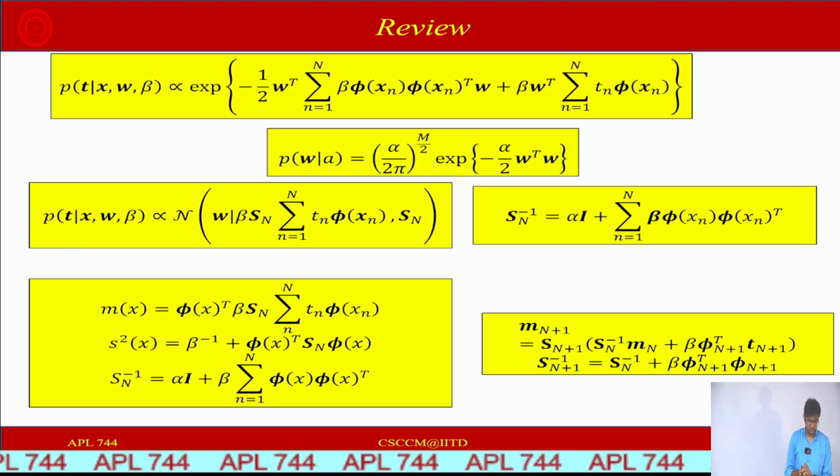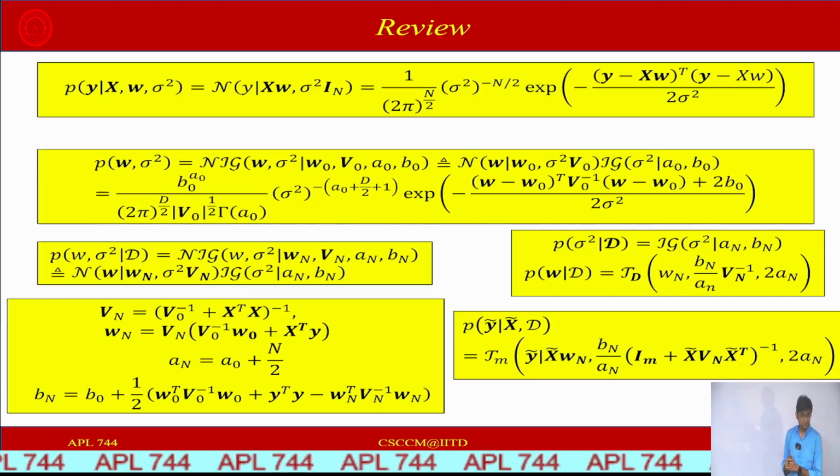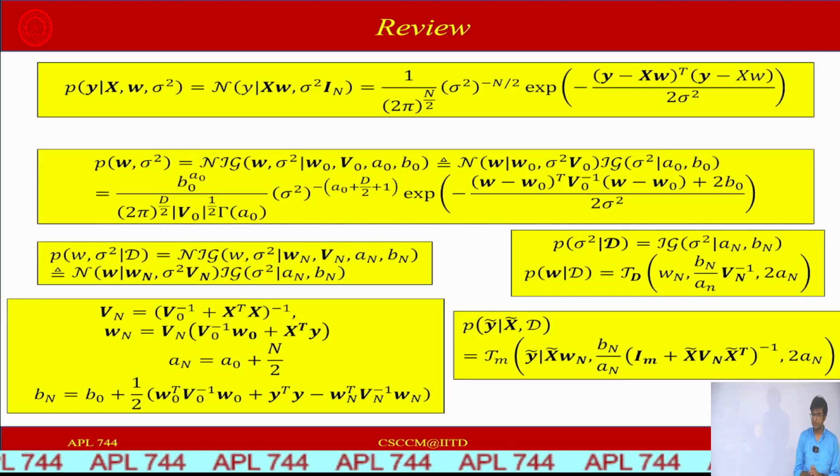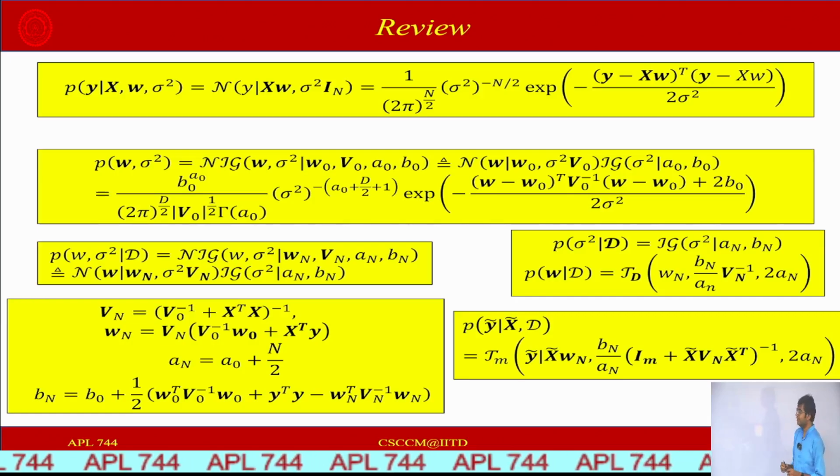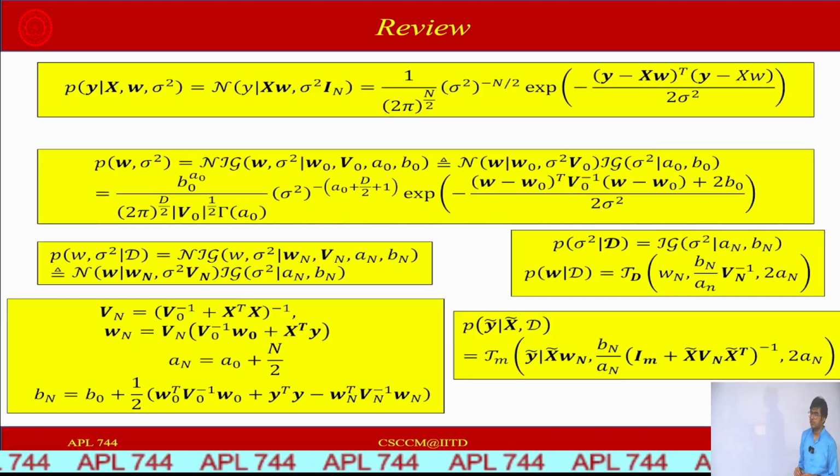Okay. And then we also discussed a more realistic scenario where the noise variance will not be known a priori to us, and that is something we will have to infer from the data. So that is a scenario where mu and sigma square are unknown and are to be inferred, right?